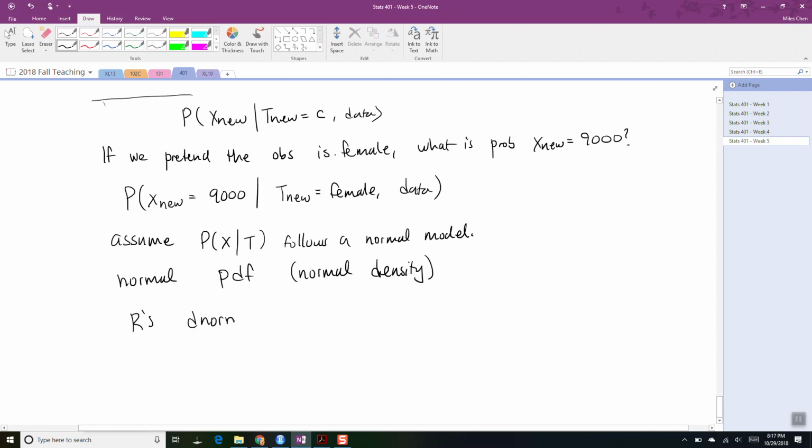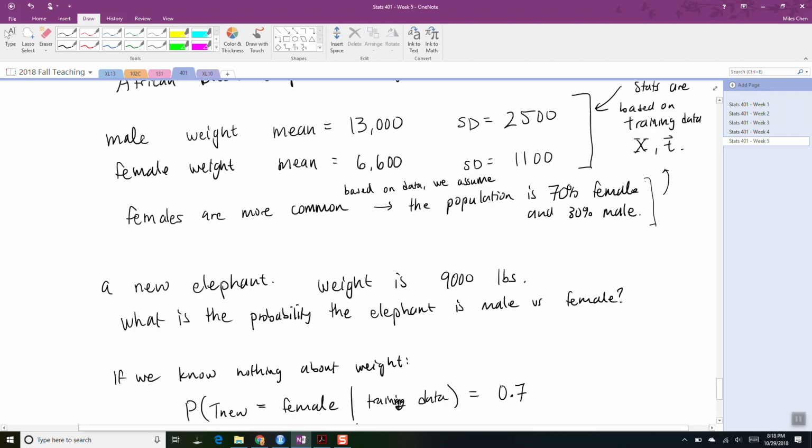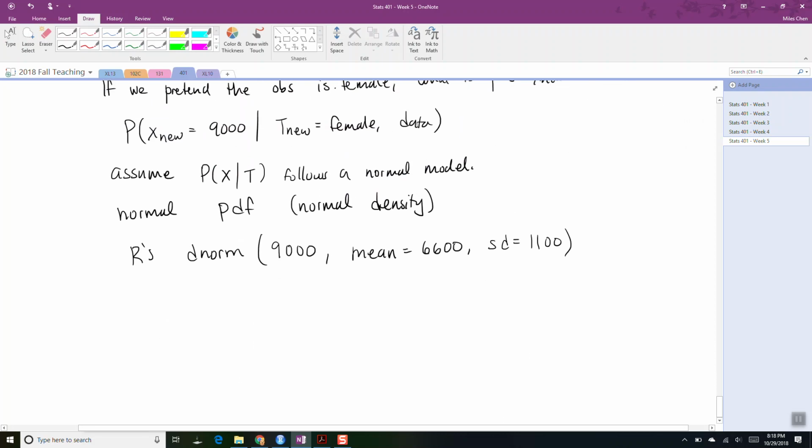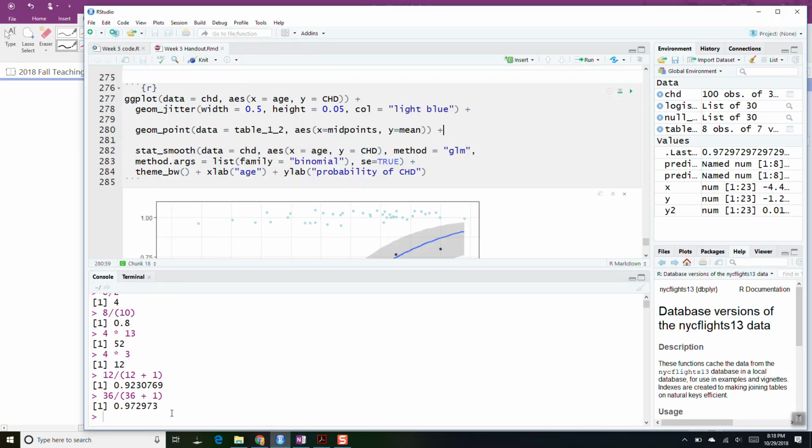So I'm going to just use R's dnorm function. I'm going to say dnorm of 9,000 given that the mean for females is 6,600 and the standard deviation, what did I say, is 1,100? Again, with my made-up statistics here, okay? Let's go to R and we'll say dnorm. So this is the probability of 9,000 given that the mean is 6,600 and the standard deviation is 1,100.